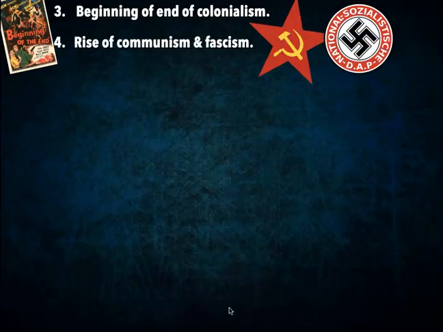Okay. You're also going to see the conditions that are going to create the rise of communism and fascism. Communism chiefly in Russia, where it's already taking root. But you're also going to see communism seen as a potential threat by some in countries like France and Germany and Italy. Once the Bolsheviks take control, the Russians are going to want to spread communism.